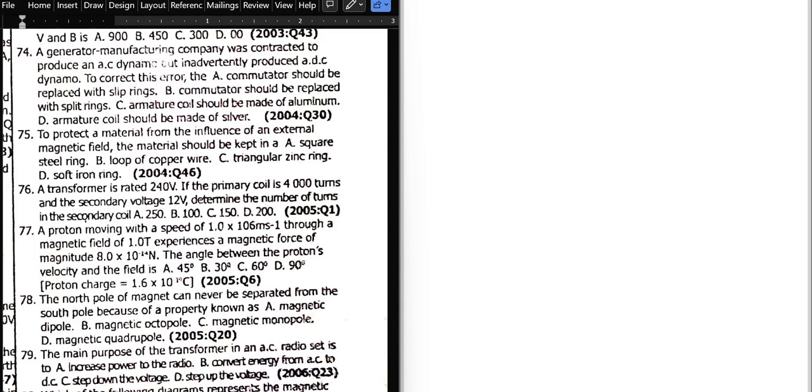The angle between the proton velocity and the field is what? So we are looking for sine theta, that's the angle. They gave us the proton charge as 1.6 times 10 raised to the power of minus 19. So this is 77.